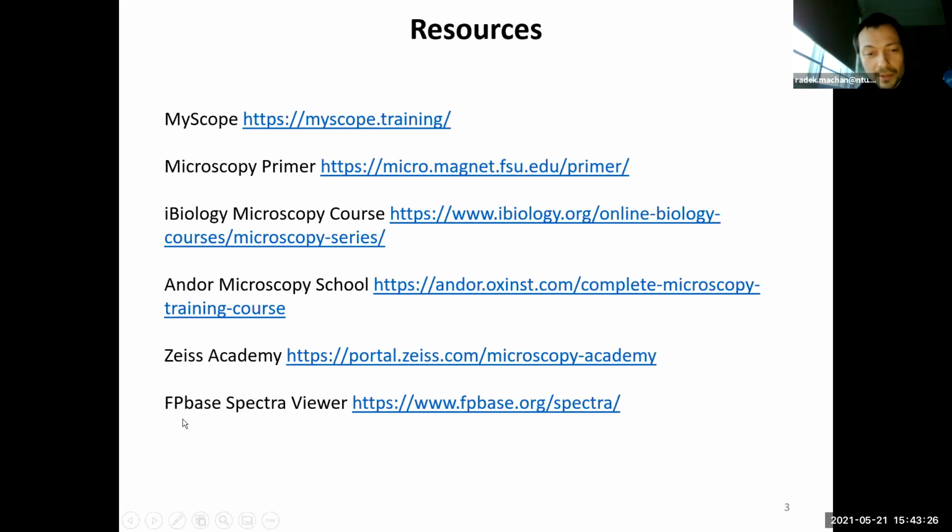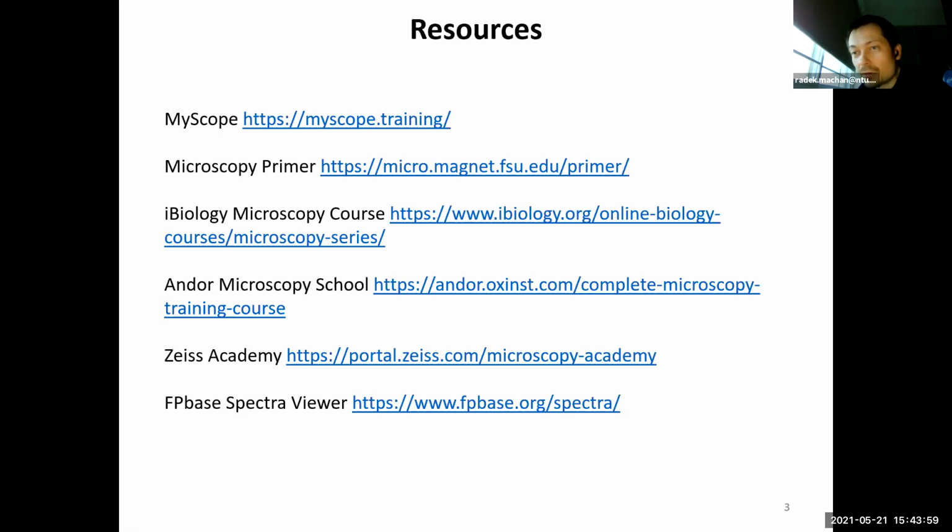And a bit different thing is FPBase, which started as a database of fluorescent proteins, and it contained a spectra viewer, which showed emission and excitation spectra of the fluorescent proteins in the database. But the viewer now contains also a database of not just fluorescent proteins, but of any fluorophores.